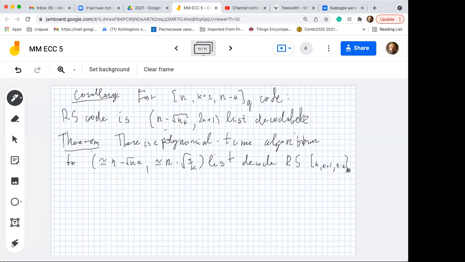These approximate inequalities will hold up to plus or minus 1. And n over k is usually chosen to be some constant for Reed-Solomon codes. So that means that the size of the list is still linear, assuming that n over k is bounded from above by a constant.